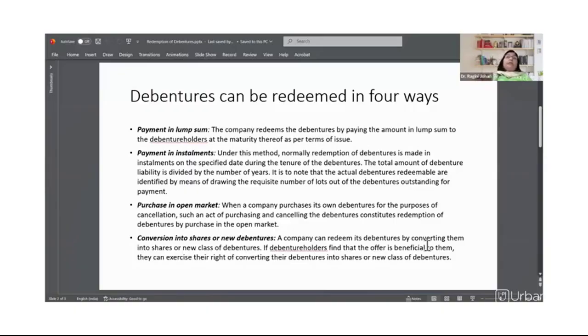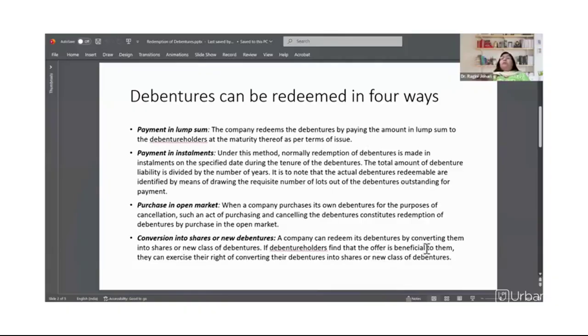That means after the third year is over, the first installment will be paid to the debenture holder, and thereon it goes on. And as it says, specified date.